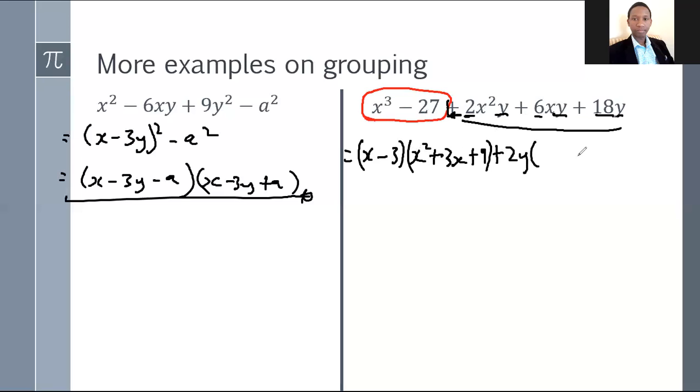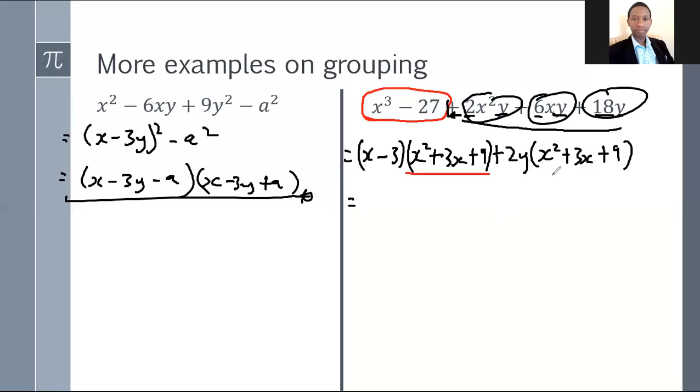So coincidentally, maybe, it happens that when I take out 2y in every term, I'm left here with x squared. Here I'm left with 3x, and there I'm left with a 9. Of course, you just got to take this term divided by 2y, that term divided by 2y, and that term divided by 2y. That's the truth. And so I can take out now a block here, which is common, that is x squared plus 3x plus 9.